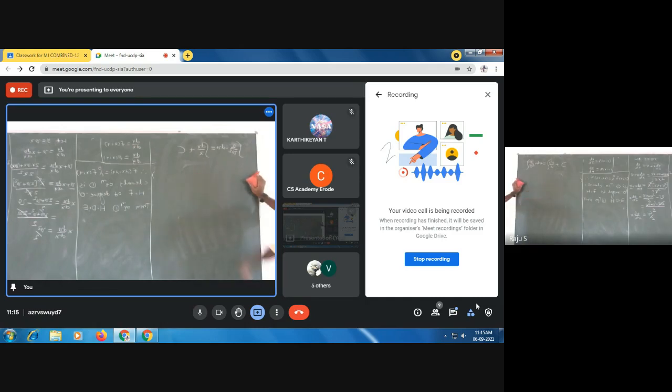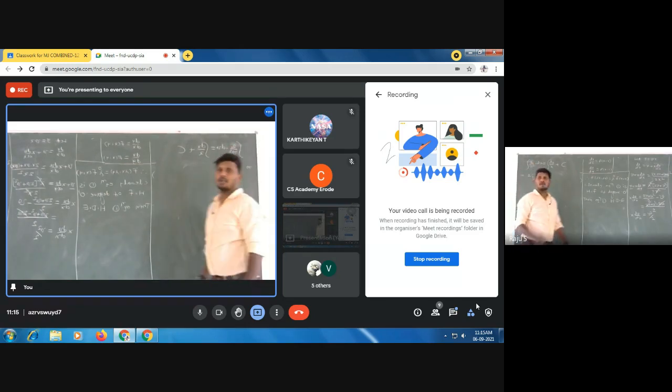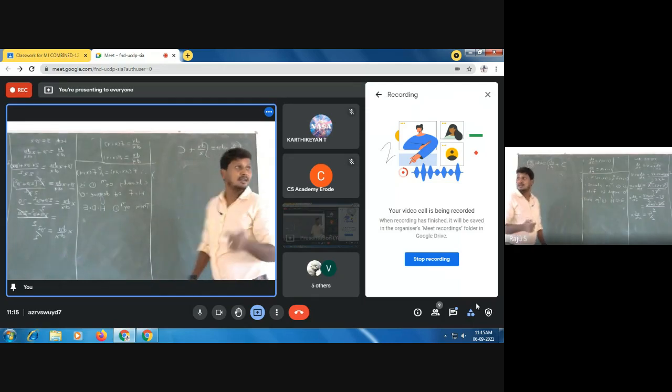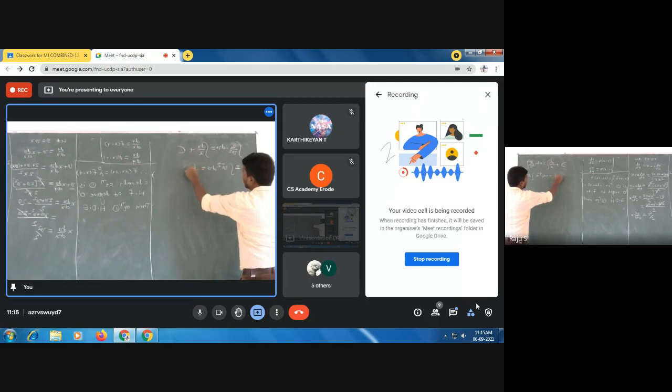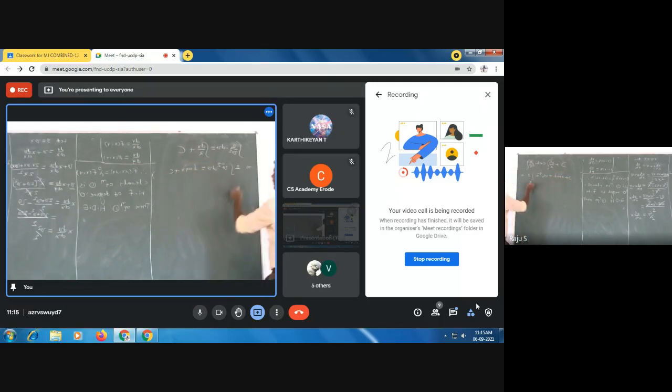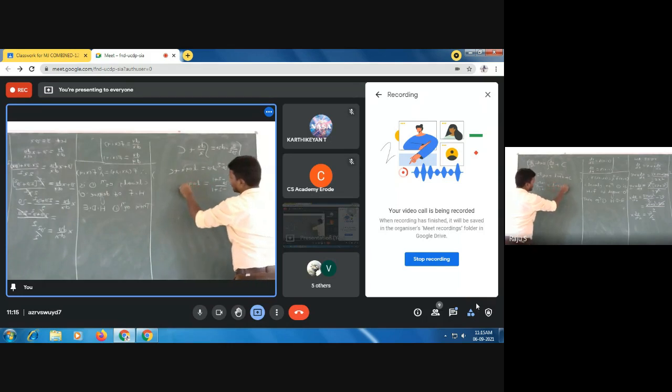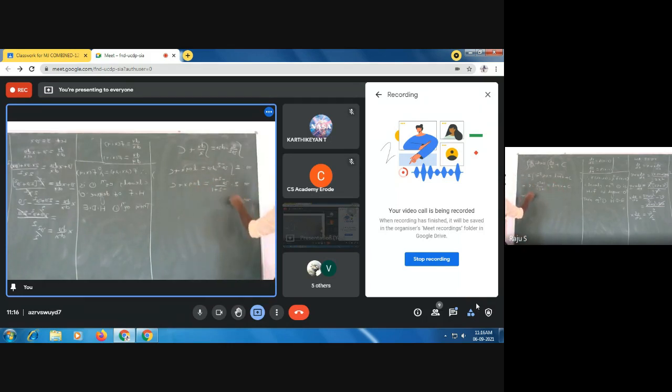2 is a constant, take it outside: integral of 1 by v square dv. Can you evaluate that integral of 1 by v square? It is v power minus 2 dv is equal to log x plus c. Now 2 into v power minus 2 plus 1 by minus 2 plus 1 is equal to log x plus c. So this is minus 2 by v equals log x plus c.